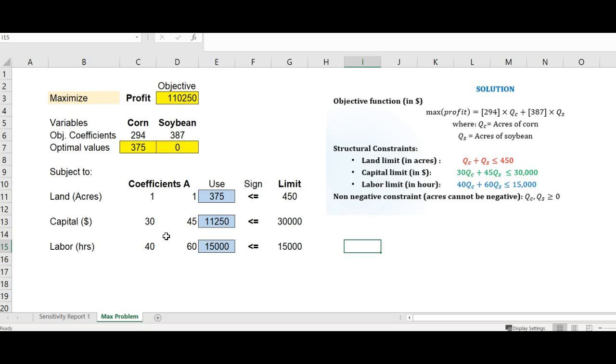In that sense, you can see that using Solver and linear programming can have important implications when deciding whether to hire more labor, especially the shadow price, as you saw. Because if the shadow price, which tells you how much profit you can obtain by increasing, for example, the quantity of labor, is higher than the wage that you will pay for an extra amount of labor, then you can actually hire more.